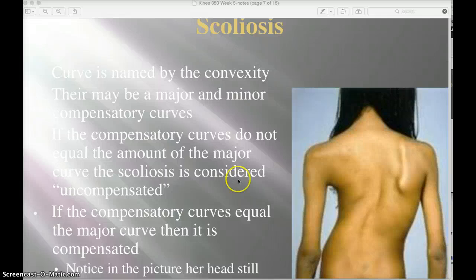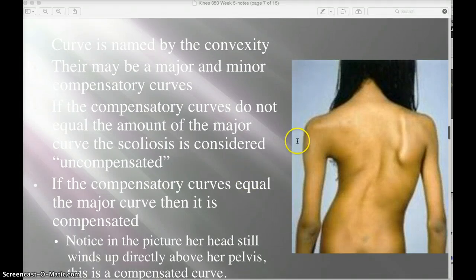For example, in this picture here, the patient's head and neck are lined up with the pelvis or the hips, because she has enough compensatory curves to correct where her weight is balanced. Patients that don't have totally compensated curves will have their head and shoulders lean to one side.